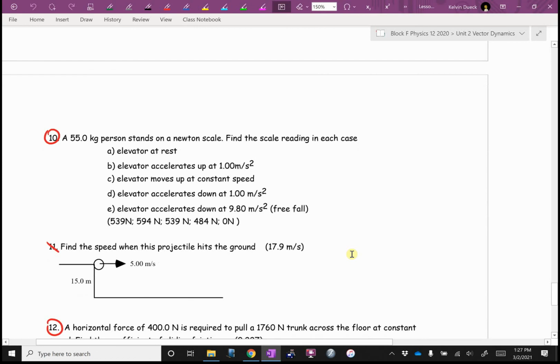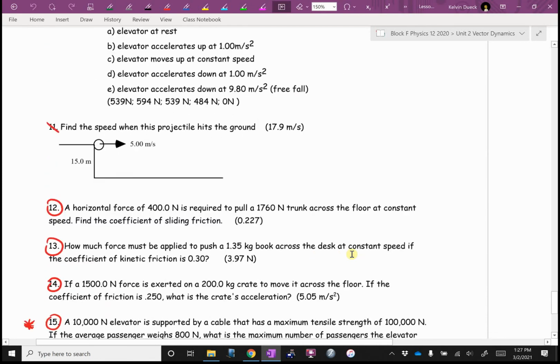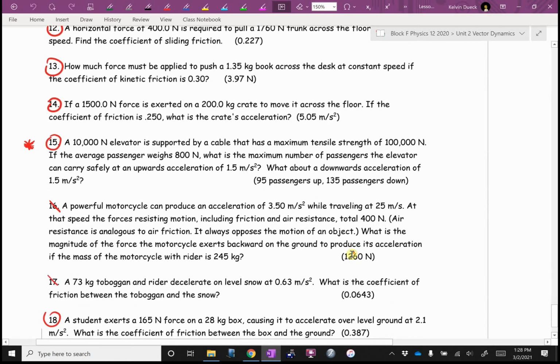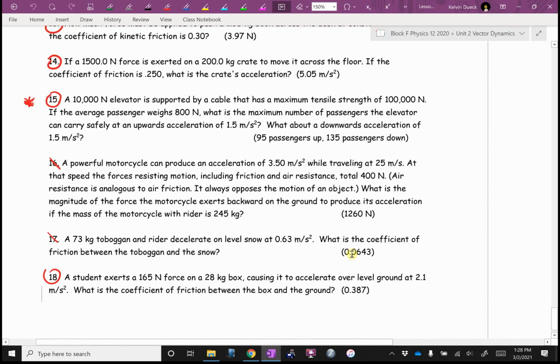You can skip 11. 12, 13, 14, 15, put a star next to it. It's nasty. It's harder than I will ask on your test. It's actually an old scholarship question from Physics 12. But it's kind of a neat one if you think about it the right way. You can skip 16 and 17, but you can add 18.